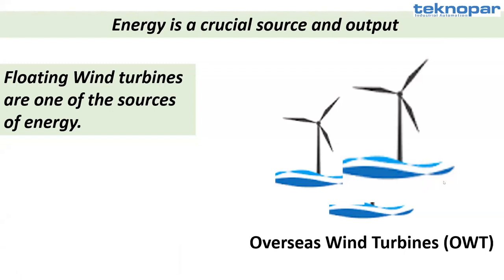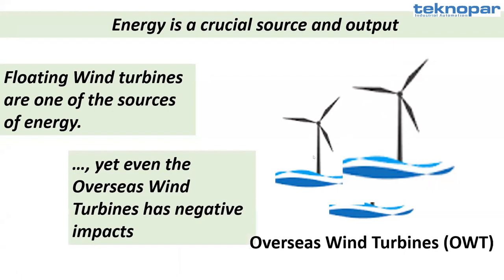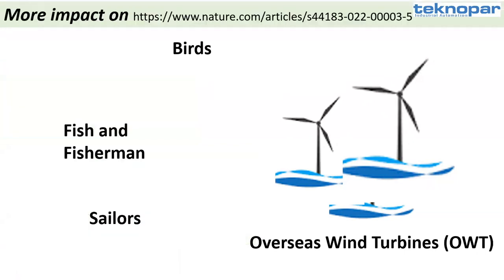Energy is a crucial source and output, and floating wind turbines are one of the important sources of energy. Overseas wind turbines, on the other hand, still have some negative impacts, which can be considered waste of energy production. The negative impacts may be on birds, fish, fishermen, sailors, and more can be found in different articles and studies available.